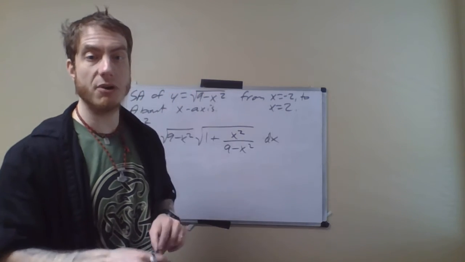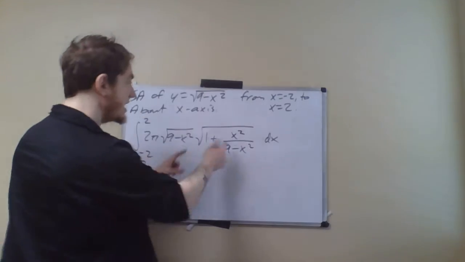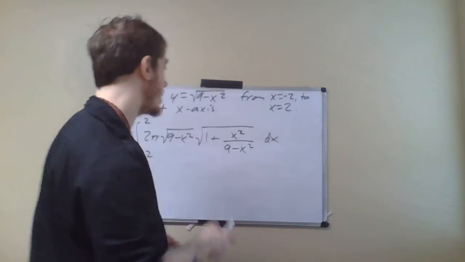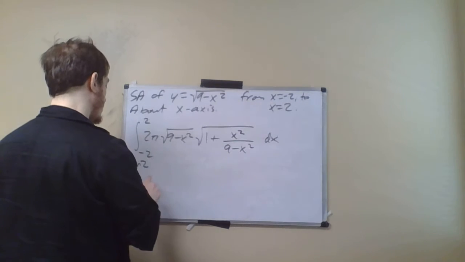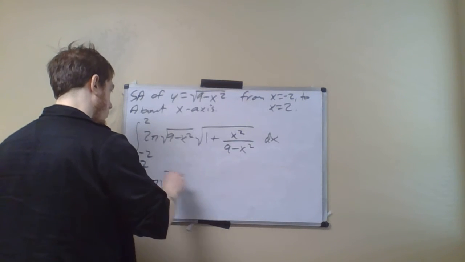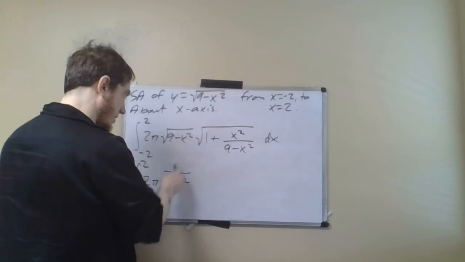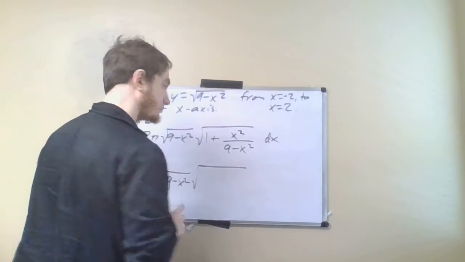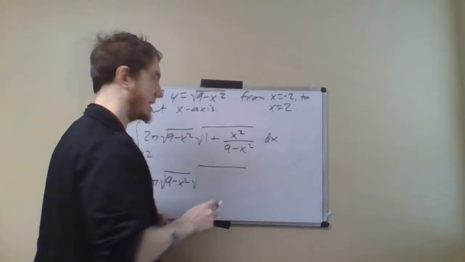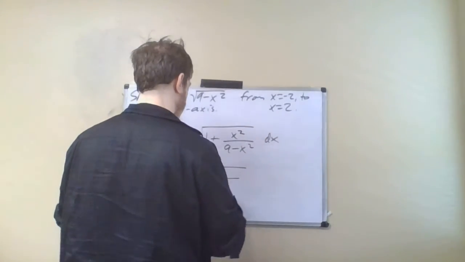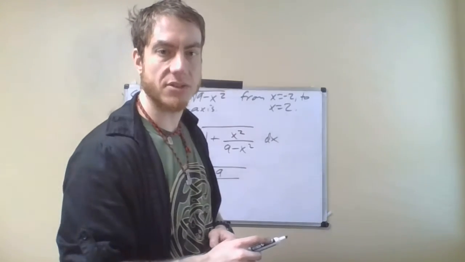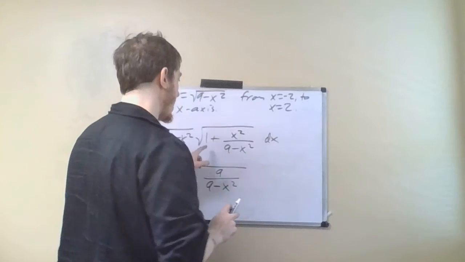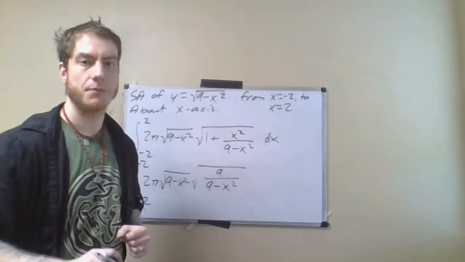All right, so were you able to figure out anything that simplifies this? The key is to look at this term. So this is going to become, if I take a common denominator here and combine these, and we'll write down this part of the integral first, we're going to get the square root of 9 divided by 9 minus x squared when we combine these fractions.